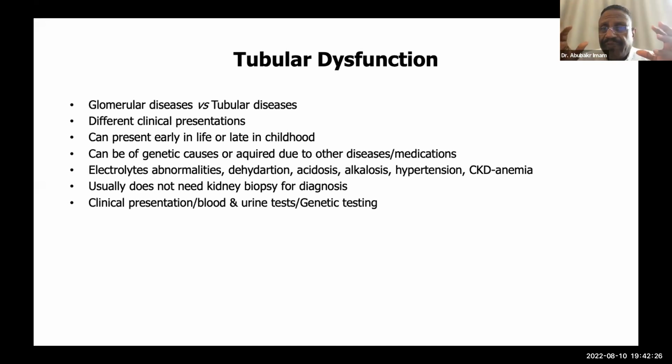For the metabolic component, the kidney is in a critical place to control acidosis. Why are alkalosis and acidosis important? Because almost all the enzymes that work in our body, and specifically in children, are pH dependent.